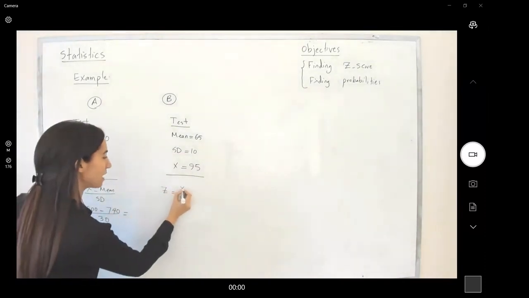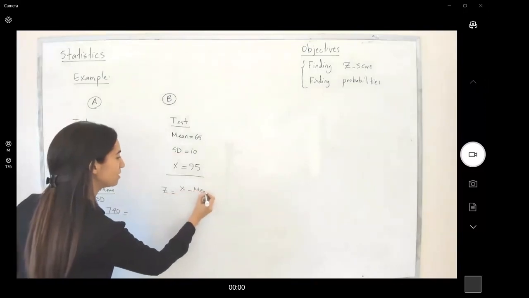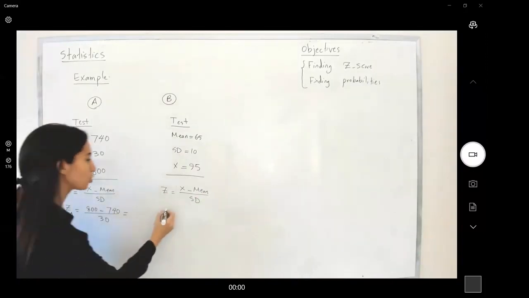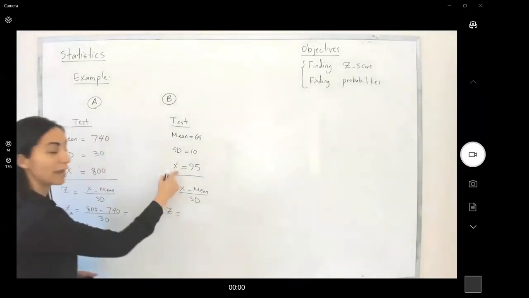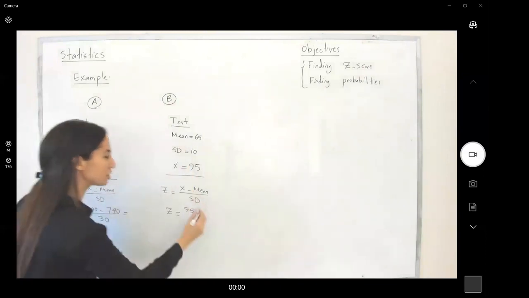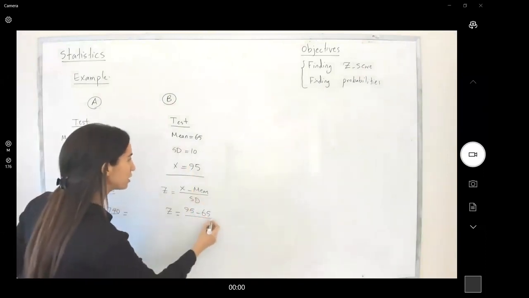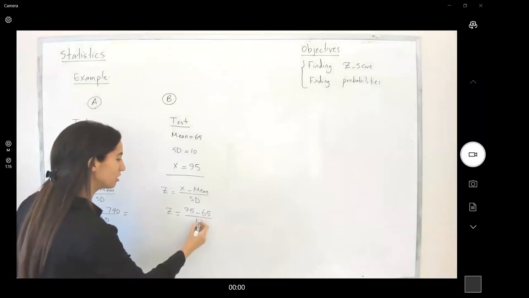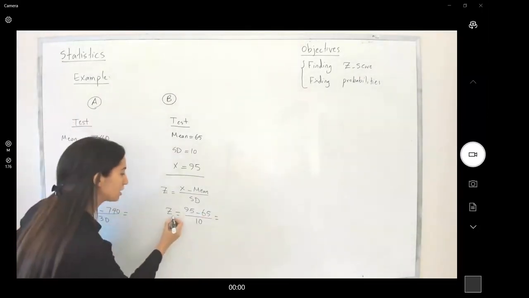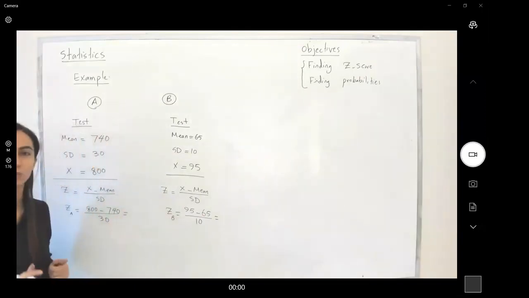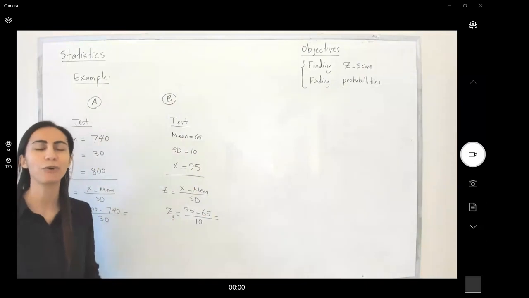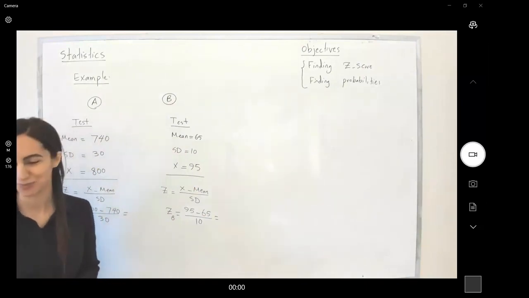Z is x minus mean divided by standard deviation. So our z is equal to x, which is 95, minus the mean, which is 65, divided by standard deviation, which is 10. We need to calculate these two z-scores, z-values, to be able to make the final decision whom to recommend.